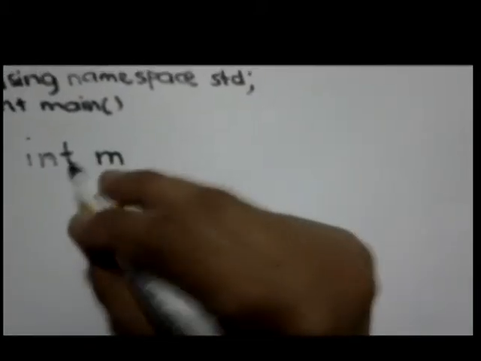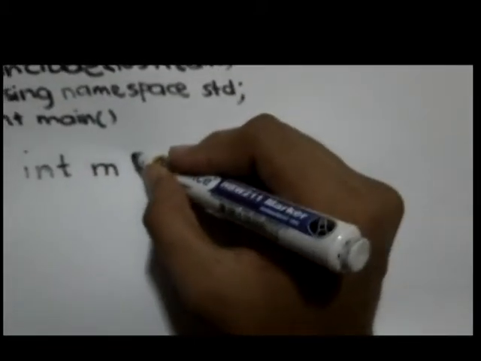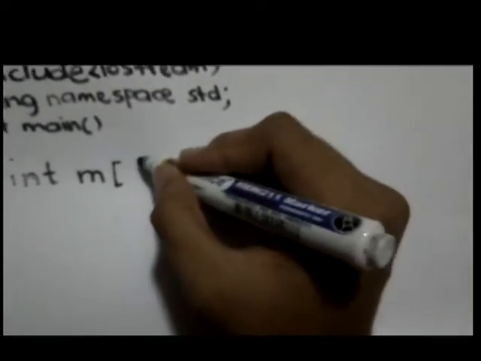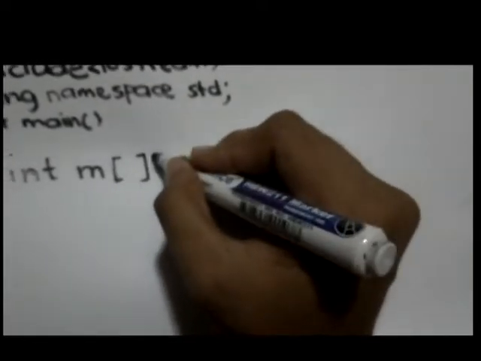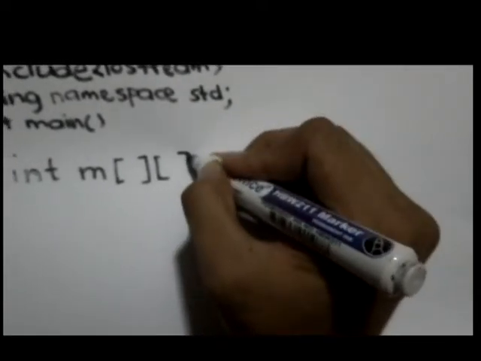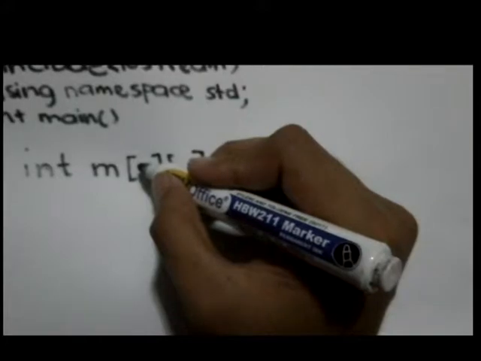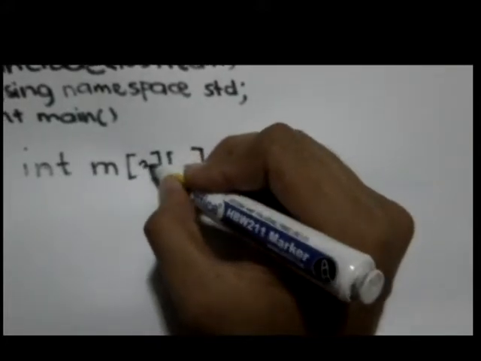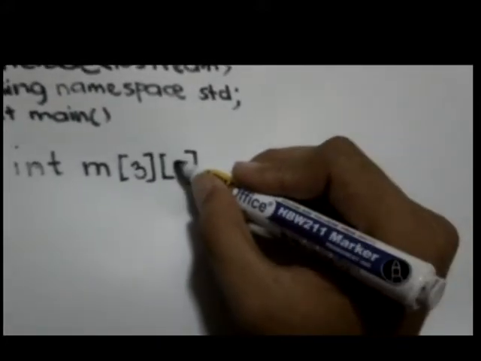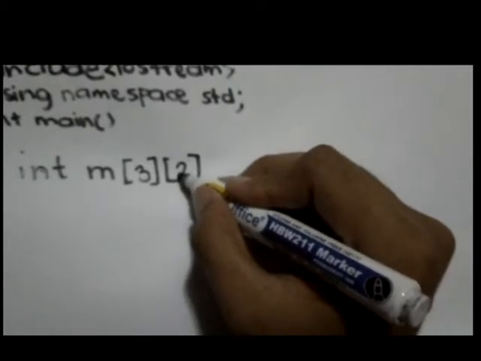Okay, int m. We'll have here a two-dimensional array, so let's have 2 here, which can have a value of 3, and this is 2.